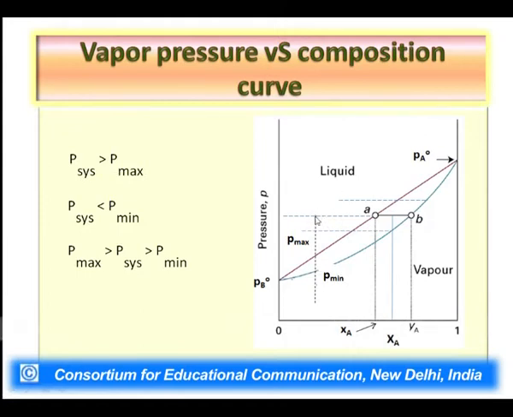The only change in this system would be the change in pressure value to which the system is subjected. Similarly, you can vary temperature also, and you can vary the composition.